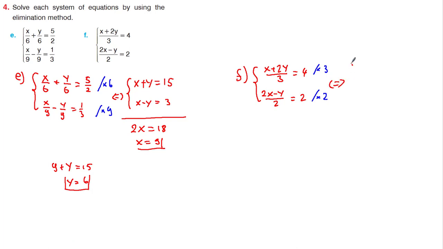We have x plus 2y is equal to 12, and 2x minus y is equal to 4. Now again, we don't have opposite terms, but if you multiply the second equation again by 2, what do we get?